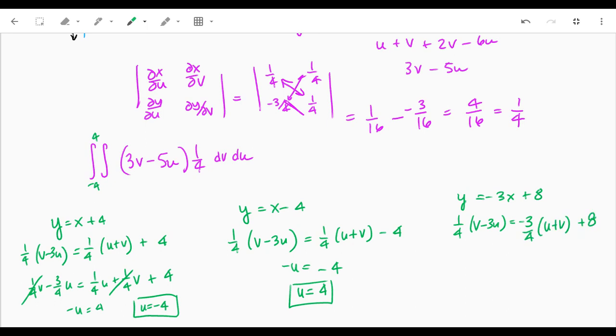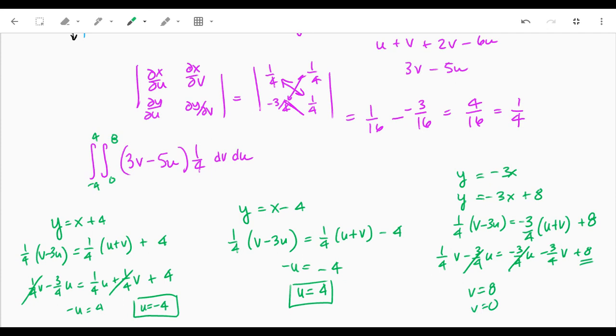So 1/4 v minus 3/4 u equals negative 3/4 u minus 3/4 v plus 8. Again, the negative 3/4 u cancel out. Add the 3/4 v to the other side, v equals 8. And if we did the same thing with y equals negative 3x, we're going to end up with v equals 0 over there. So v will go between 0 and 8.